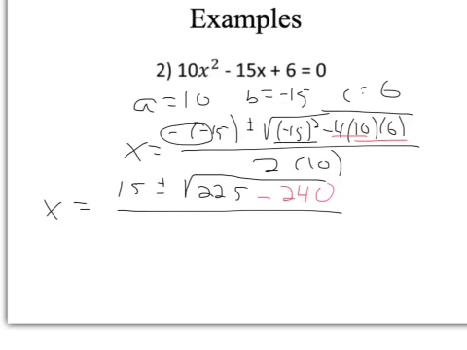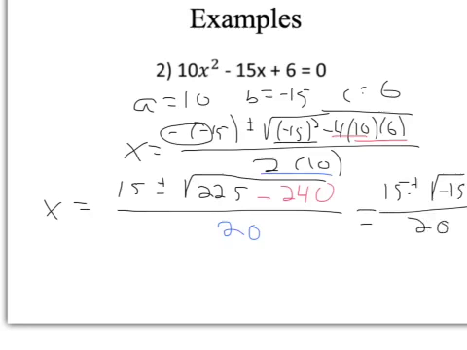And then 2 times 10 is 20. Alright, we can simplify this more by reducing the inside. So we'd have 15 plus or minus the square root of 225 minus 240 is negative 15.